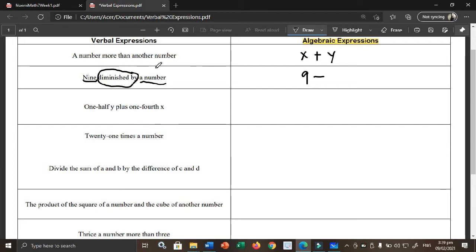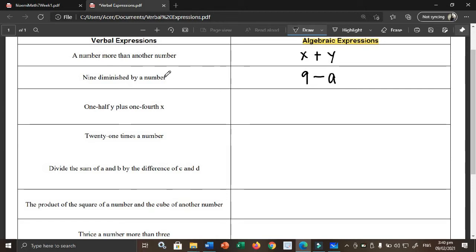So, therefore, you need to assign a variable or letter for that. Let's say, for example, i-assign ko sa kanya is A. So, 9 minus A. But always remember na hindi lang siya limited dun sa ina-assign kong variable. It can be 9 minus X, 9 minus B, 9 minus S, and so on and so forth. So, 9 minus A. That is how you write this verbal expression into algebraic expression.